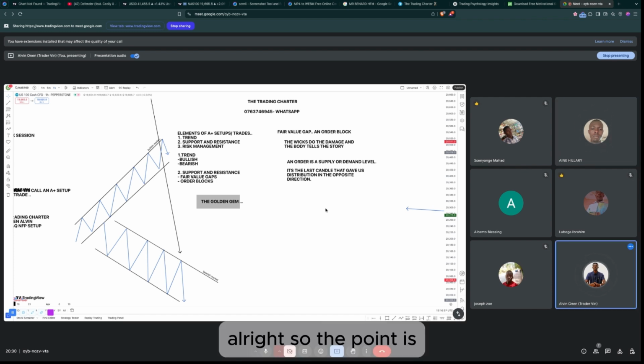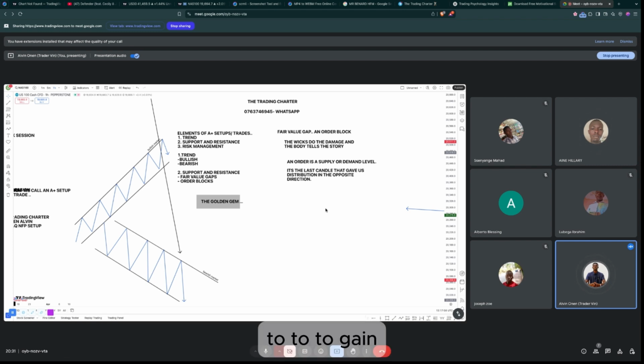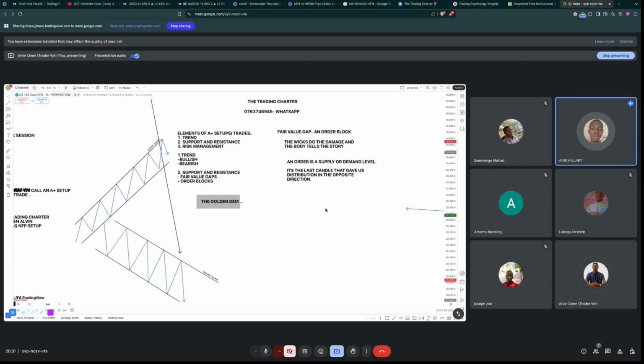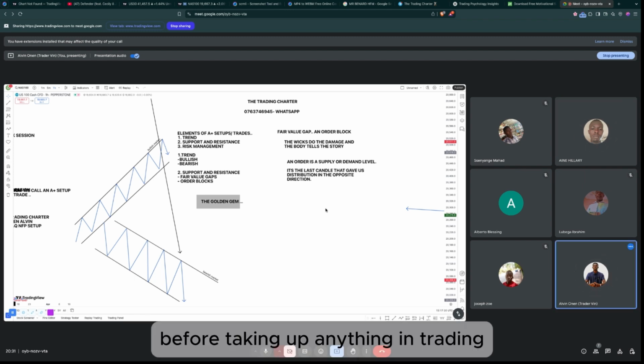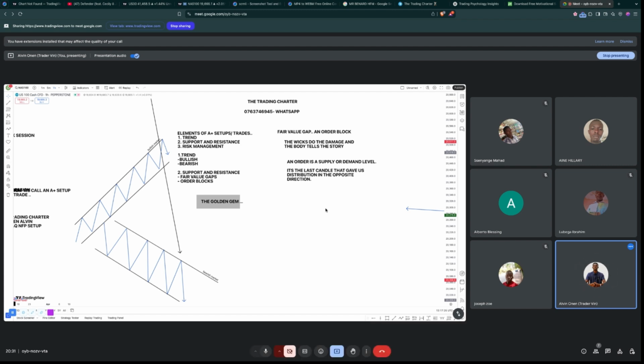So the point is that if you're going to risk $1, you have to risk $1 and know how much you're going to gain. Or else we are just gambling. Before taking up anything in trading, you have to know what is on the other side.